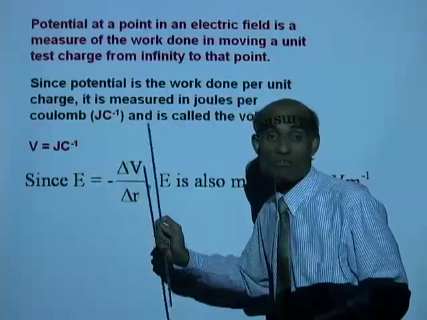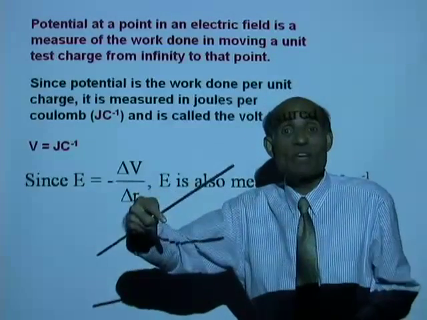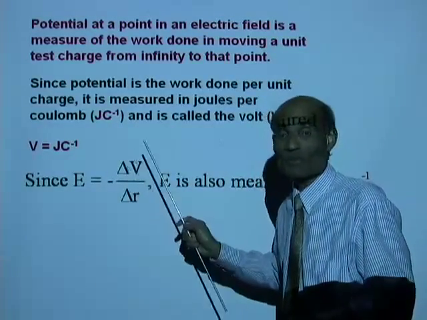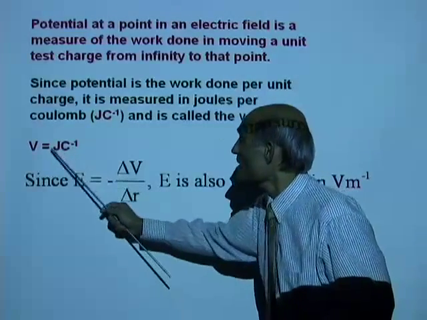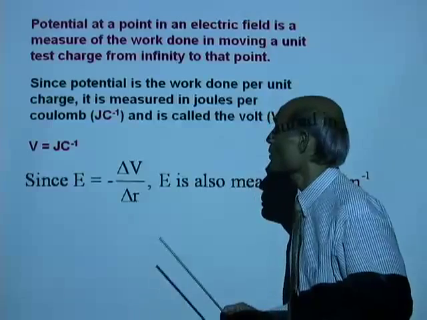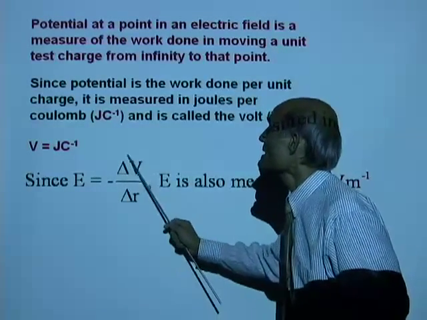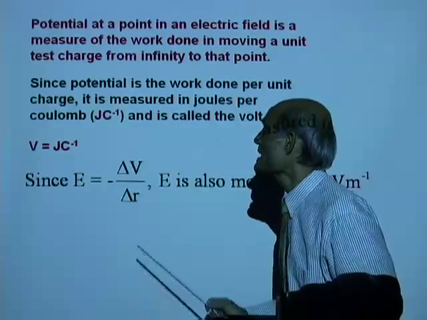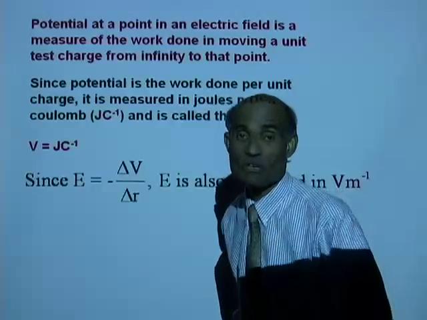Now look at the electric field. We can now obtain a unit for electric field from this. Well, potential difference is measured as joules per coulomb, and electric field is delta V divided by delta R. So give me another unit for electric field.